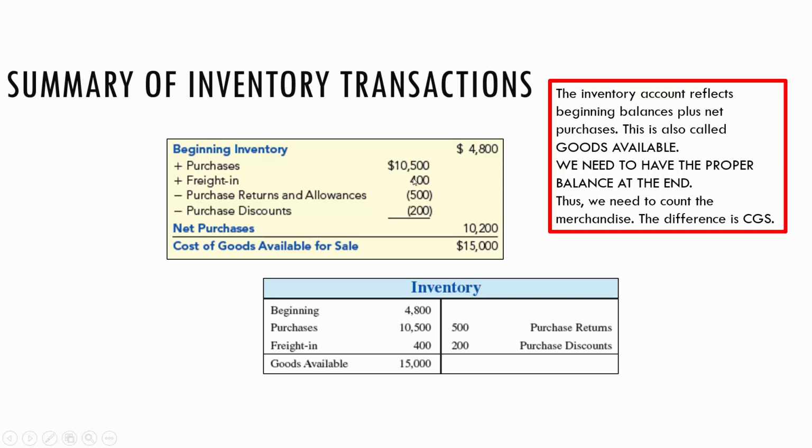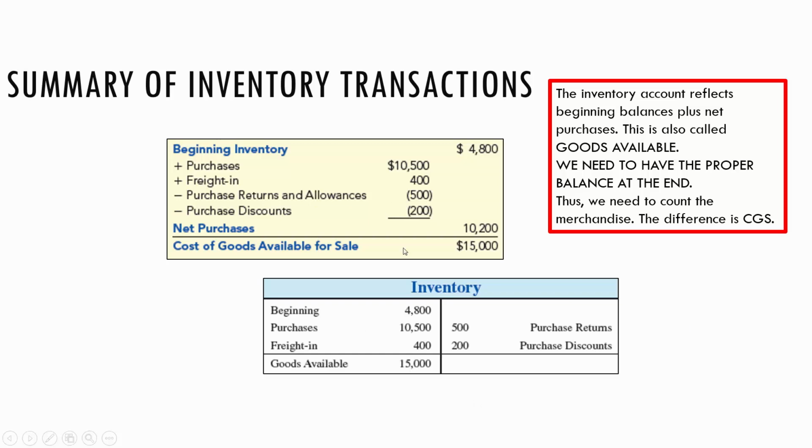We had $10,500 in that original invoice from them when we made the purchase. We had freight costs coming in. They gave us an allowance of $500 here, and we applied it. This was for returning. I believe we returned merchandise here for $500. And then because we're going to pay our bill on time, they're going to give us an additional $200 off.